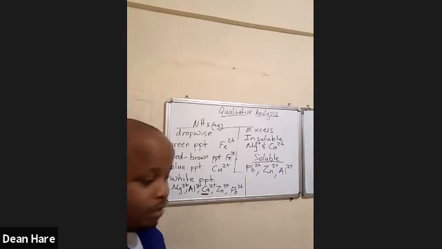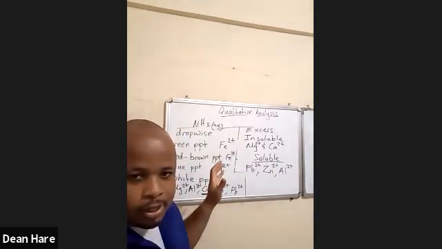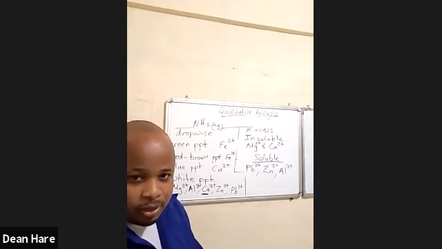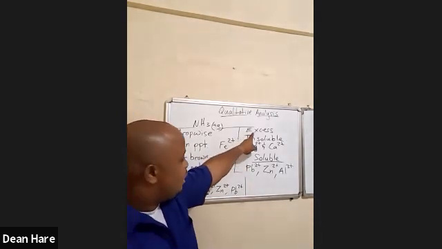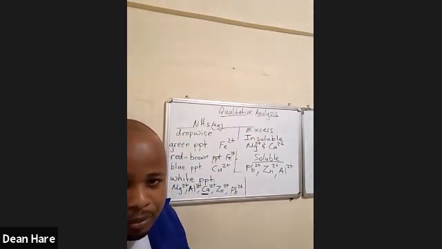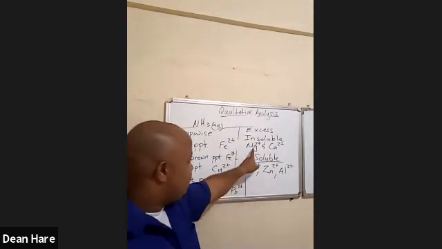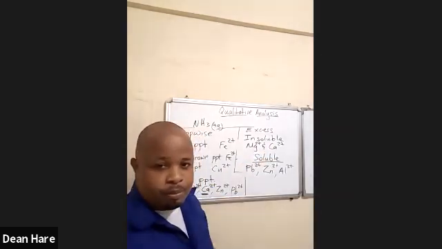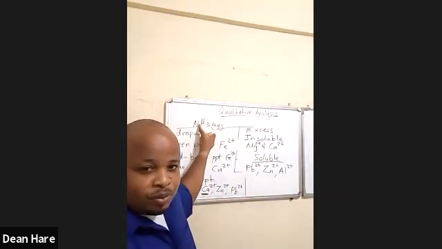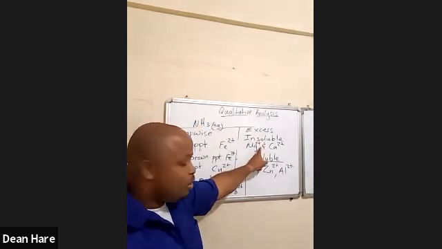So let us say that we add sodium hydroxide dropwise and we get a white precipitate. We add it in excess and it does not dissolve. It means it is magnesium or calcium. Then we use the ammonia solution on this solution.